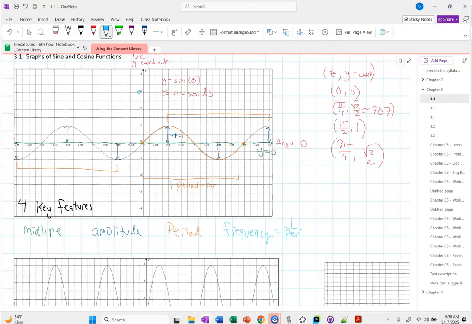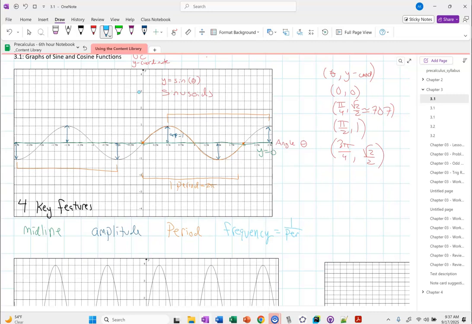So if the period is 2 pi, the frequency is 1 over 2 pi. So I'm getting one 2-pi-th of a period in 1 unit. So like a sixth, right? 2 pi is like 6.28, yada, yada, yada. So like 1/6 of a period, I get 1/6 of this up and down in 1 unit distance. I get about a sixth of it. Is everybody okay with that?